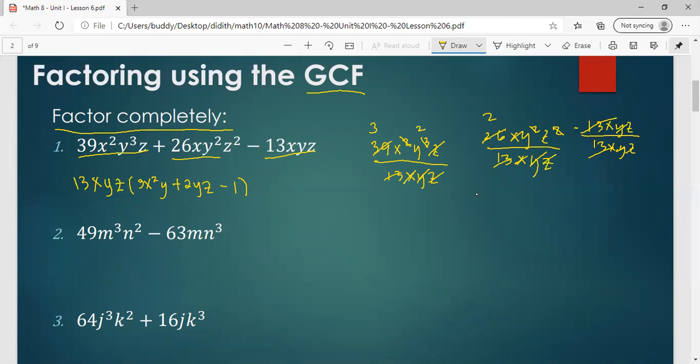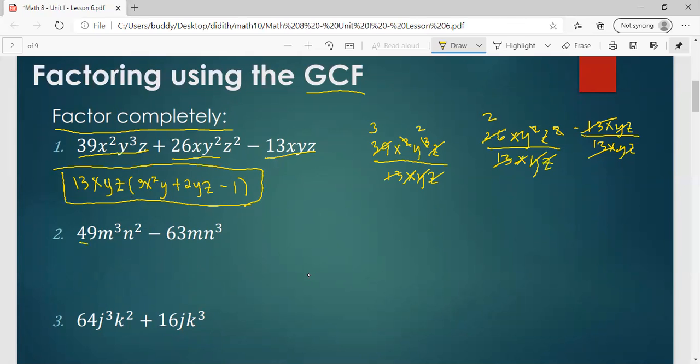So this is like 1, but there's a negative here, so this has to be negative 1. So class, these are the factors. When you multiply the two factors, you go back to the given. In that case, your answer is correct.